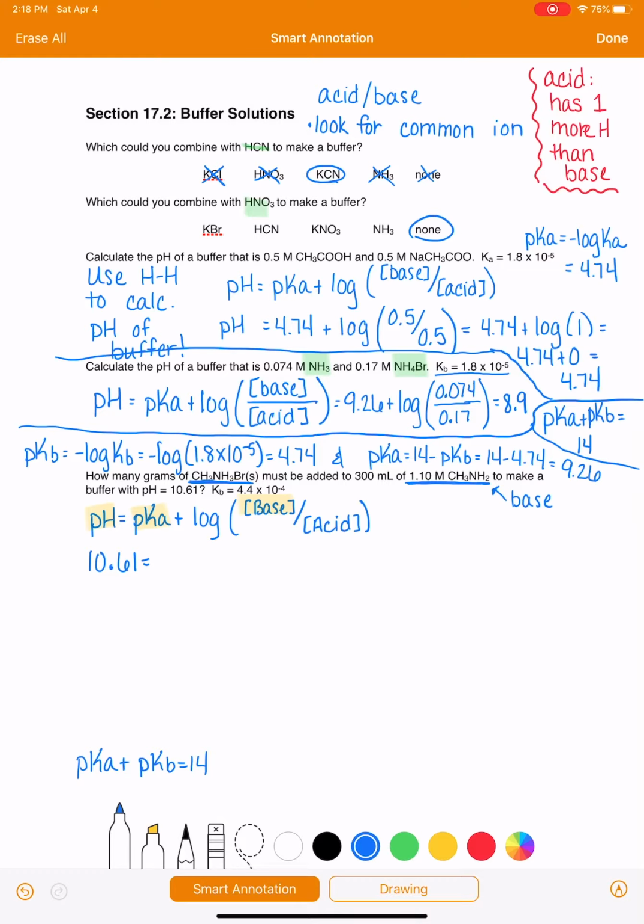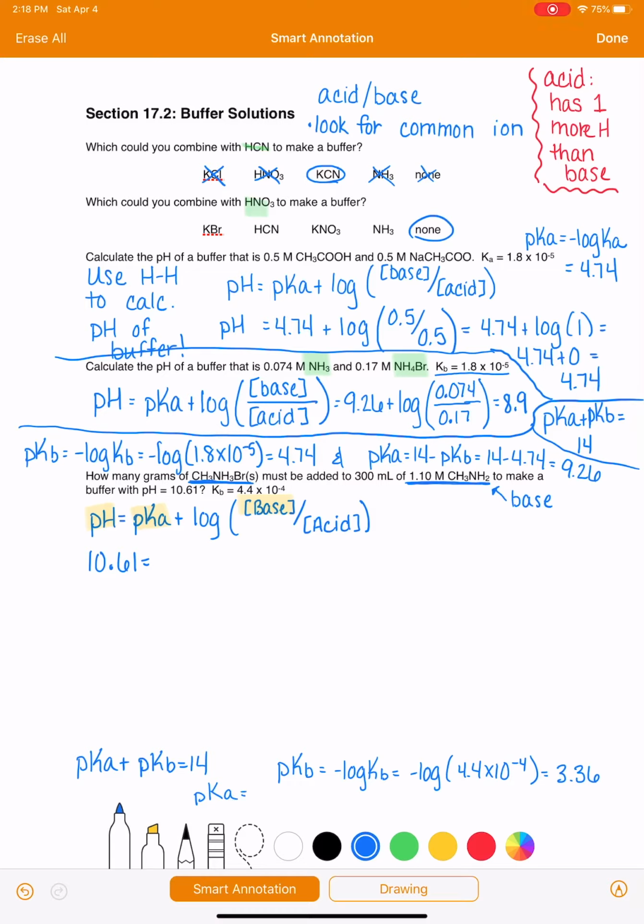The Kb, which is what's given to us in the problem, can be used to calculate pKb. pKb is negative log of Kb, not Ka, Kb. pKb is the negative log of 4.4 times 10 to the minus 4. Take the log of that. Our pKb is 3.36.